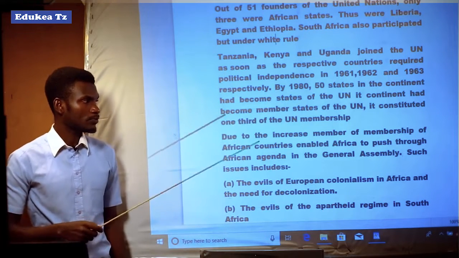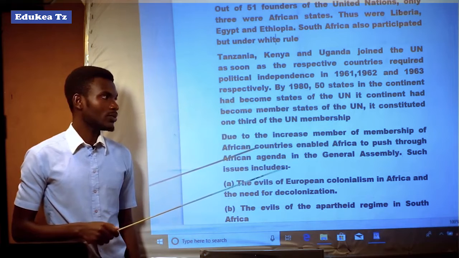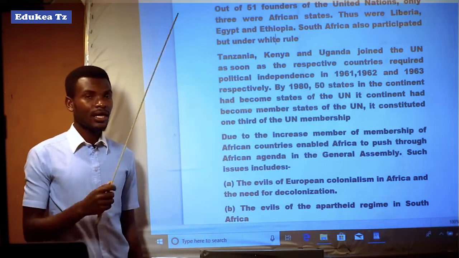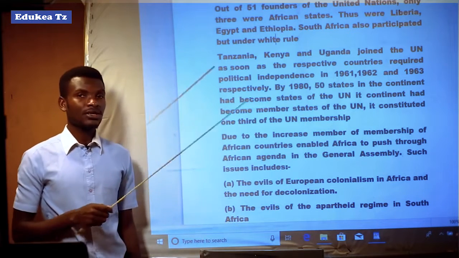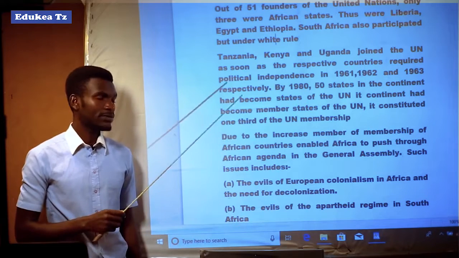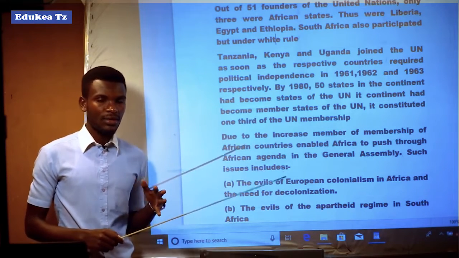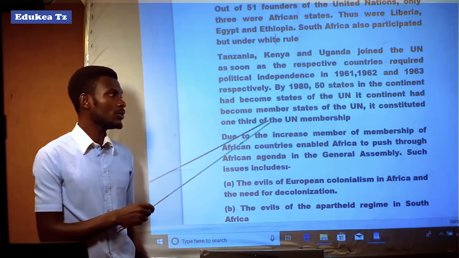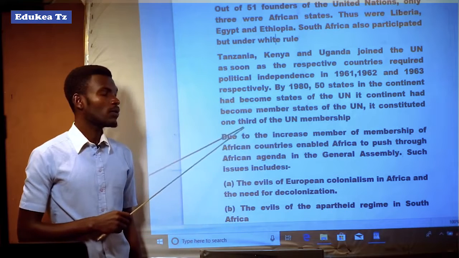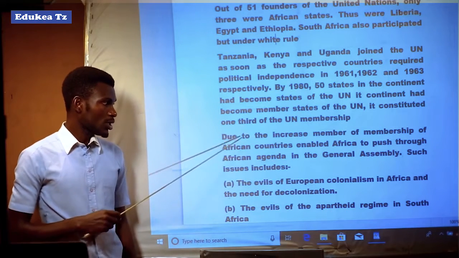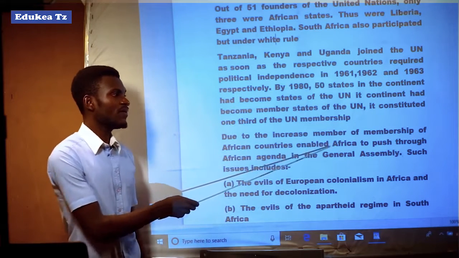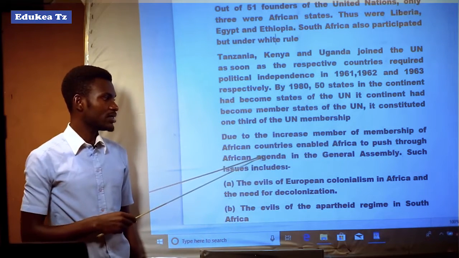It means that African countries constituted 1/3 of UN membership. Due to the increased membership, Africa was enabled to push through the African agenda in the General Assembly.